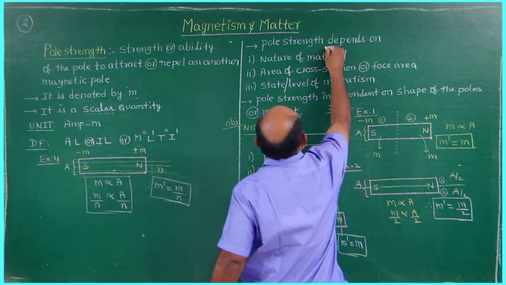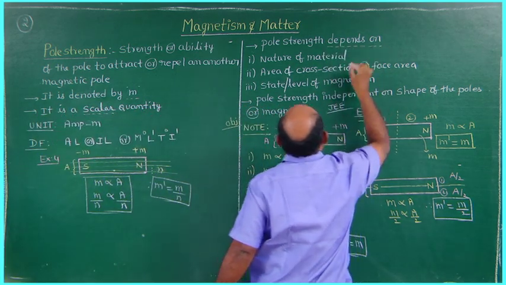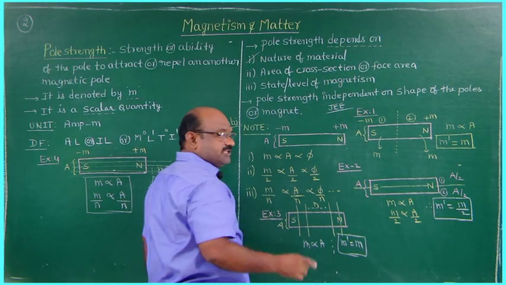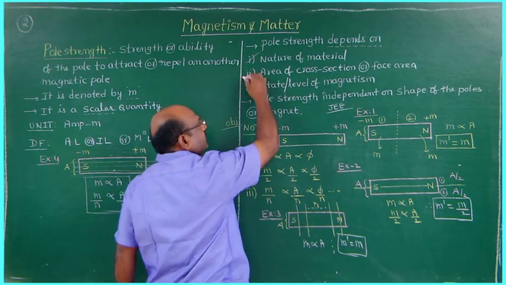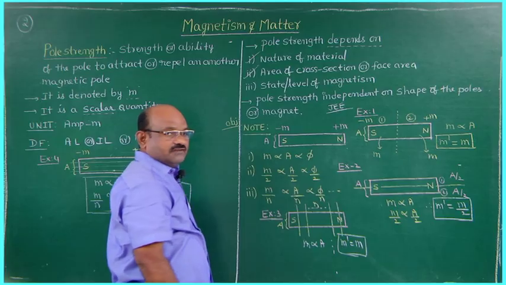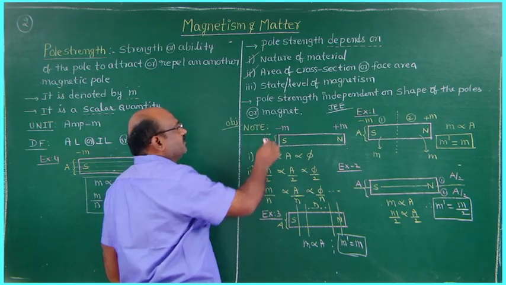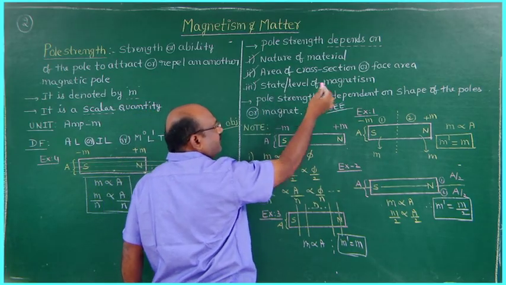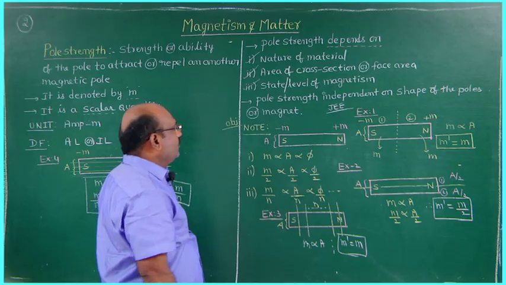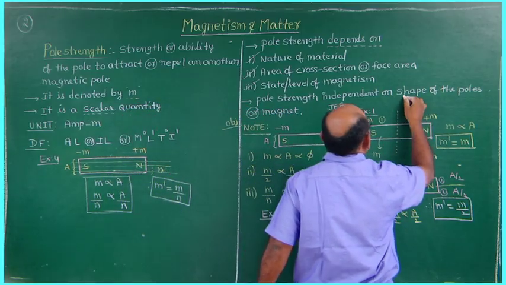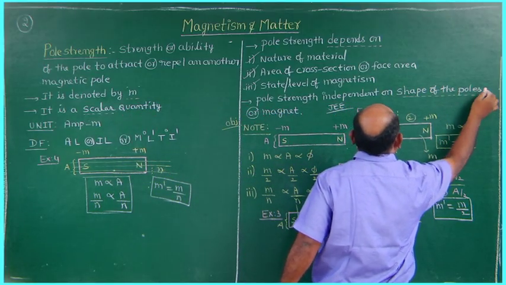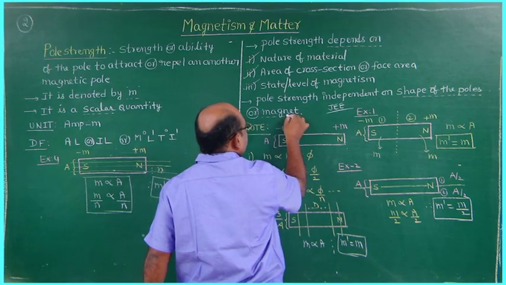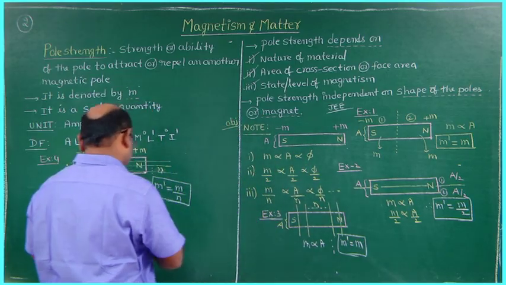Pole strength depends mainly upon these 3 points: the nature of the material, the area of cross section, which means face area, and the third one is the state or level of magnetism. And finally, pole strength is independent of the shape of the poles or the shape of the magnet. Keep those lines in mind.